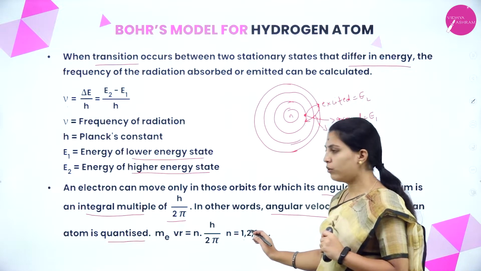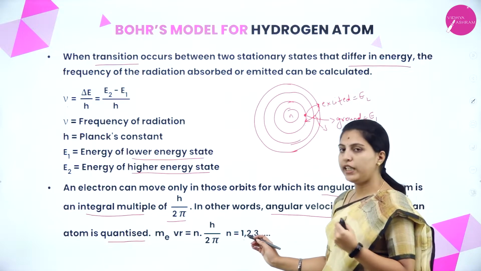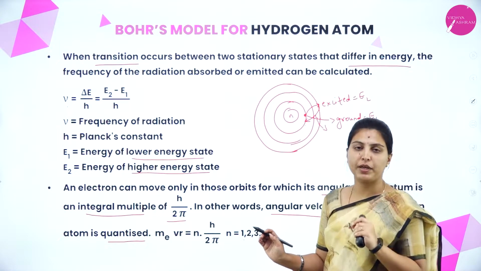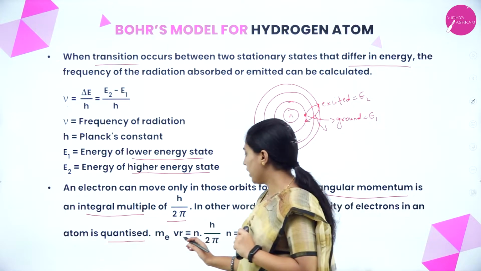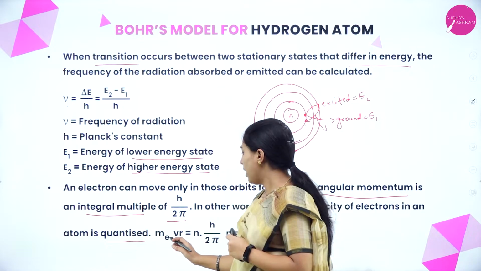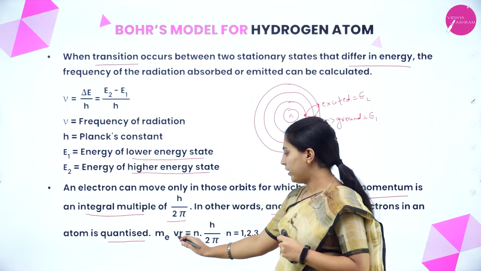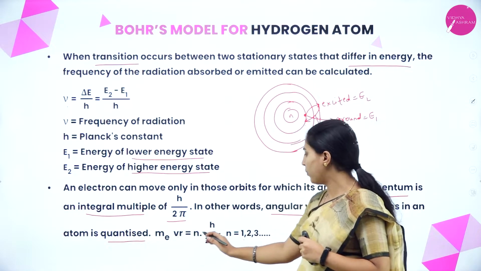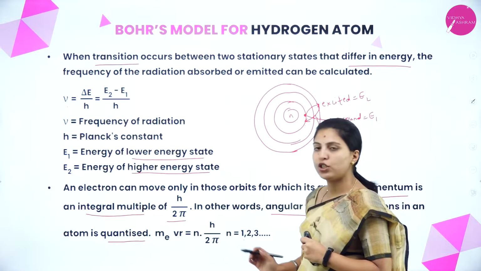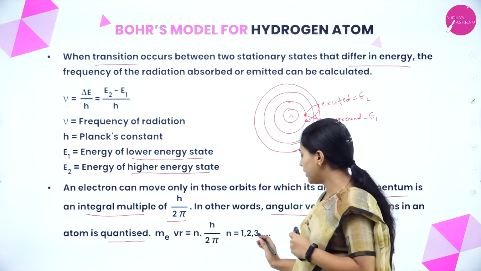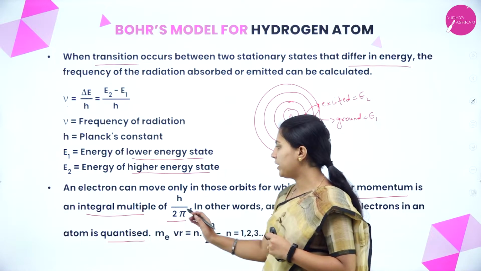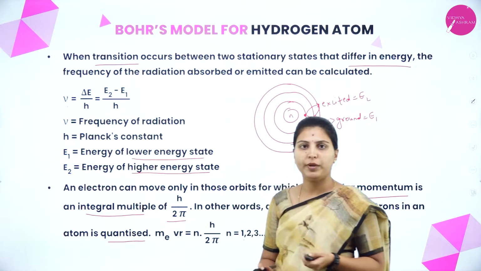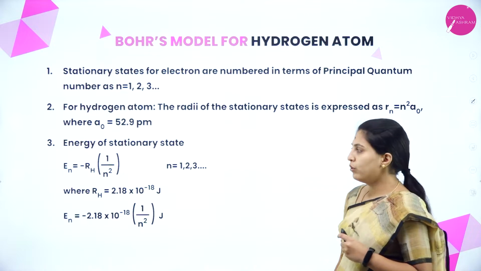In between 1 and 2 it will not be there. 2 and 3 it will not be there. Only a definite number or a whole number. See here the equation: mass of electron times velocity times radius equals n h by 2 pi. n is an integer and h by 2 pi is the angular momentum. So, these are the first two postulates.